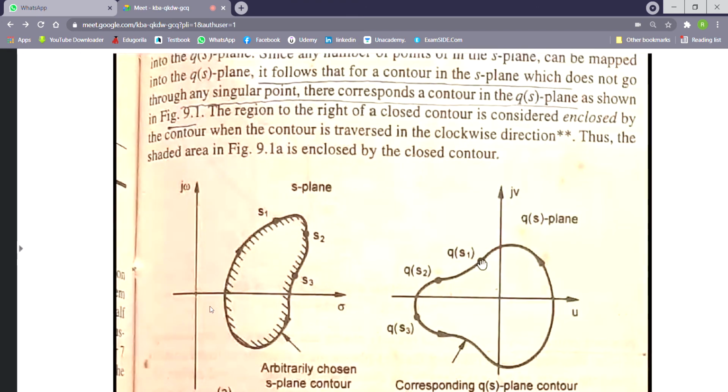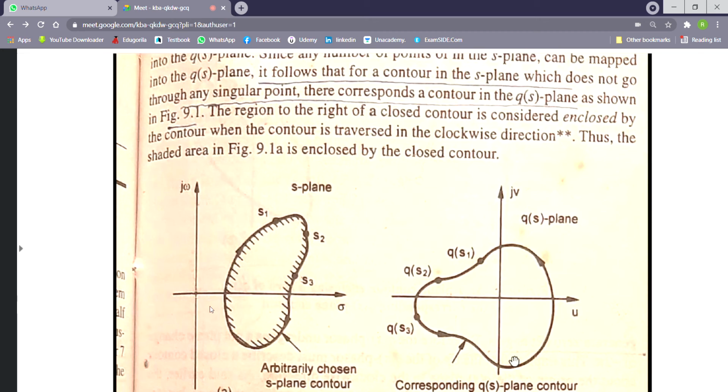That means if we take a closed contour on the S plane, which does not pass through any singular point of Q(S), then on the Q(S) plane we'll get a closed contour like this. So far, is this clear?